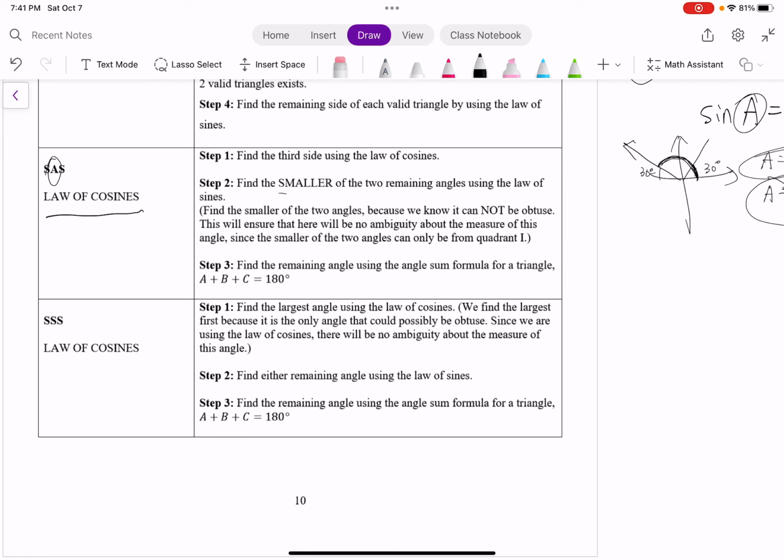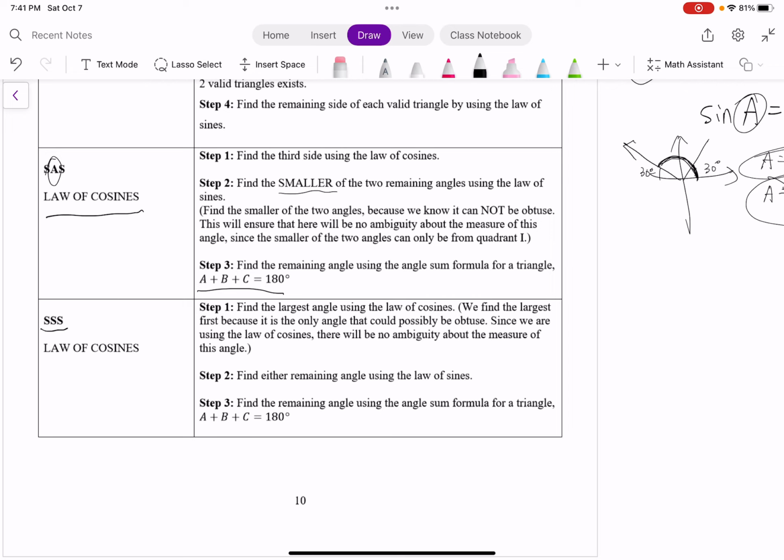We use the law of sine to find the smaller of the two remaining angles. Then we use the sum of the three angles equals 180 degrees to find another missing angle.